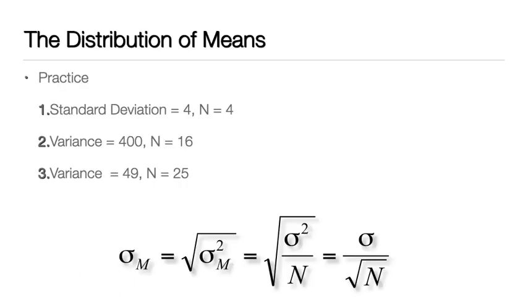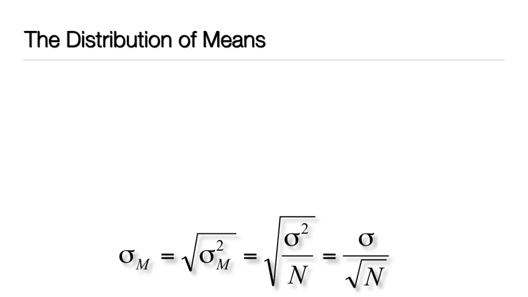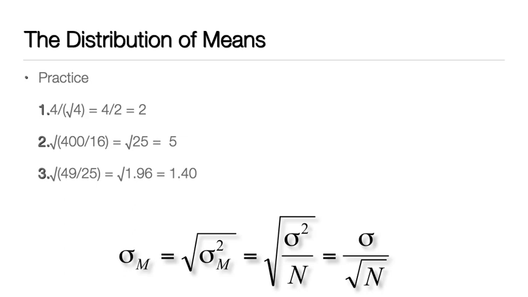To practice calculating those, here are the practice problems that we had in class. A standard deviation of 4 and an N of 4; a variance of 400 and an N of 16; a variance of 49 and an N of 25. To look through those answers, we can do this in a number of different ways.